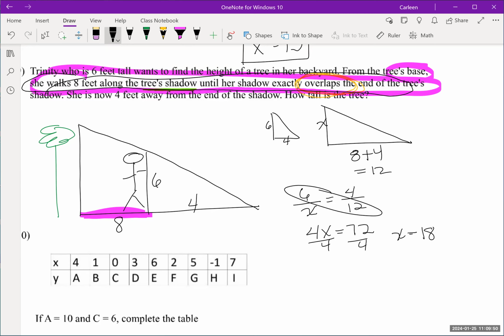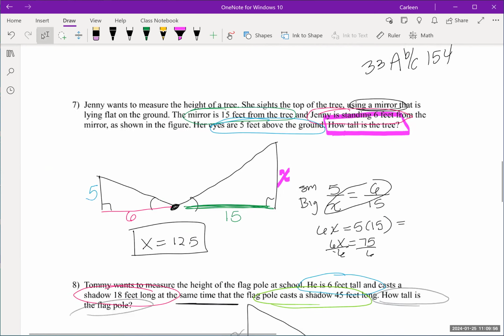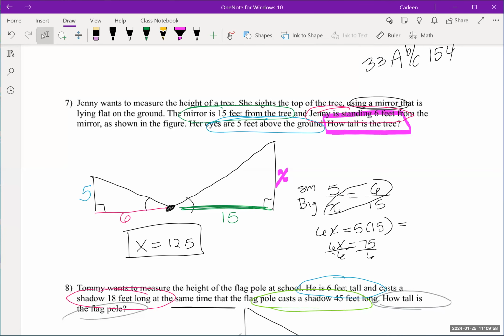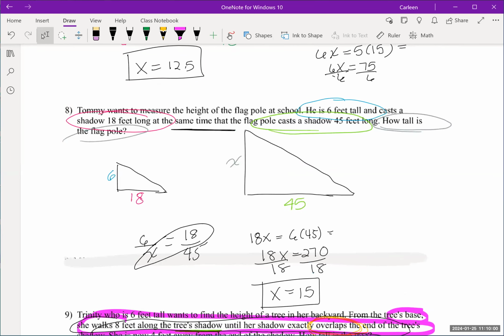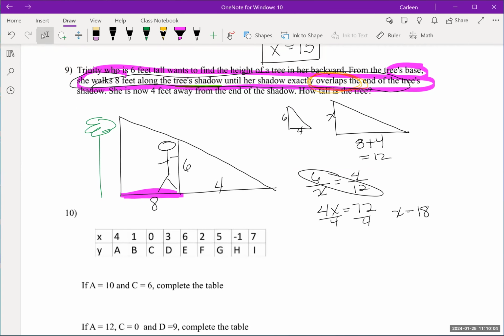Okay. So that's it. We have mirror, we have separate shadows, and we have overlapping shadows. Be ready for any or all 3 of those to be on your exam.